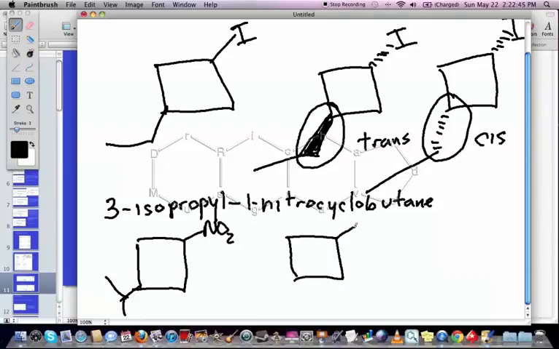I'll draw the nitro group sticking up this time. And I will draw the trans isomer first, so I'll draw the isopropyl sticking down. And again, this bond will be the one that shows the stereochemistry. Then I'll just have two methyl groups attached to that C there, which is this C right here.